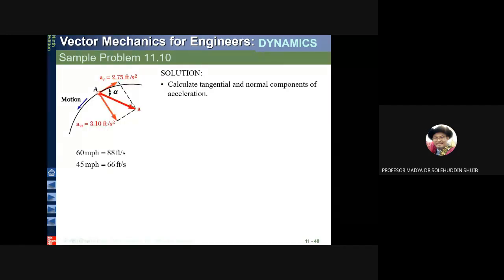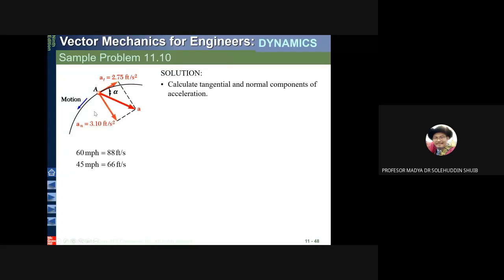Just now you obtained the normal acceleration, in this direction, which is 3.10 feet per second square.